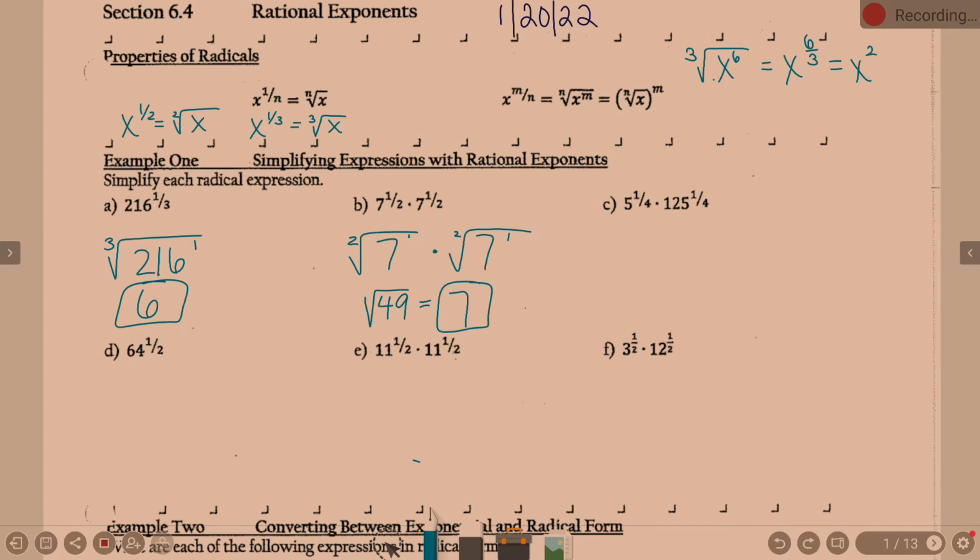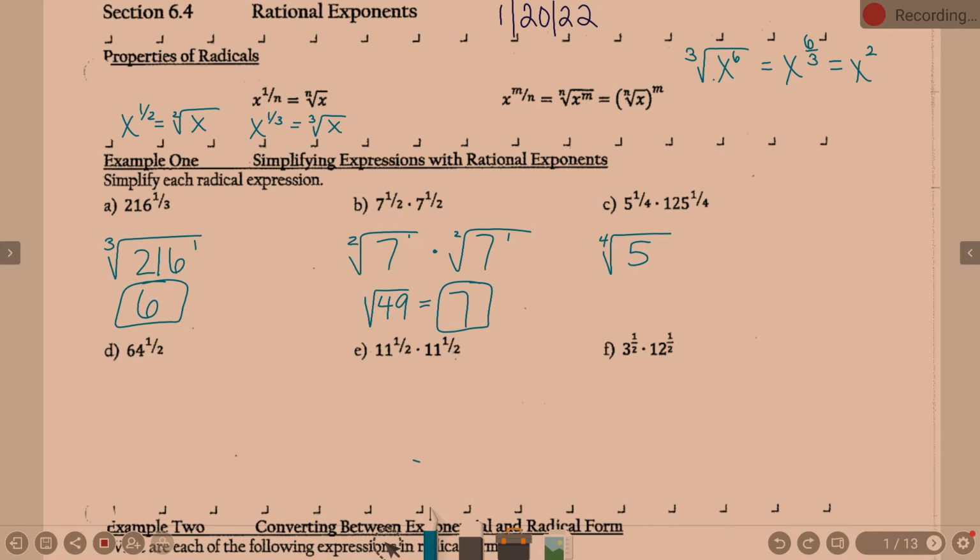5 to the 1/4. Well, I see an exponent that's a fraction. 5 goes under the radical. What's that denominator of 4 tell me? It's the 4th root.